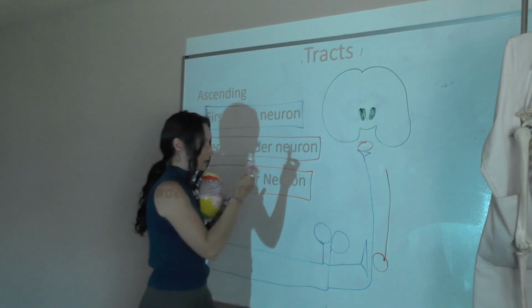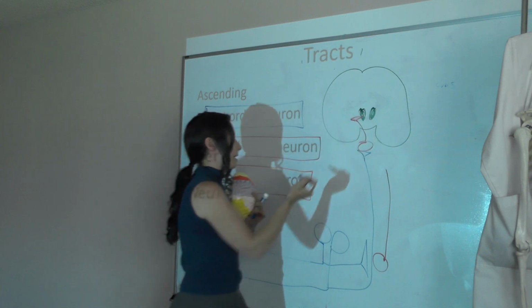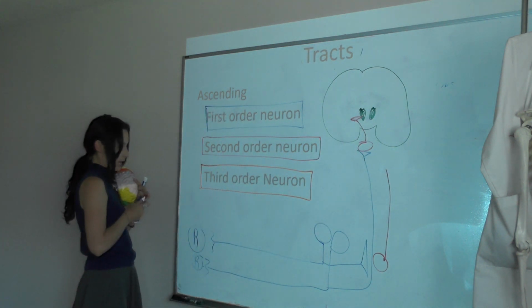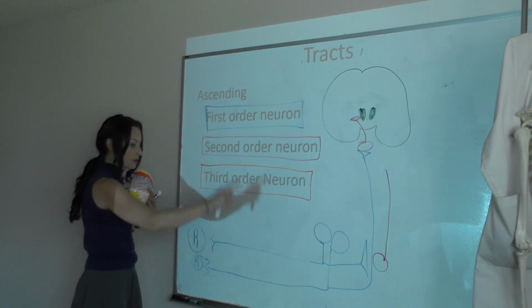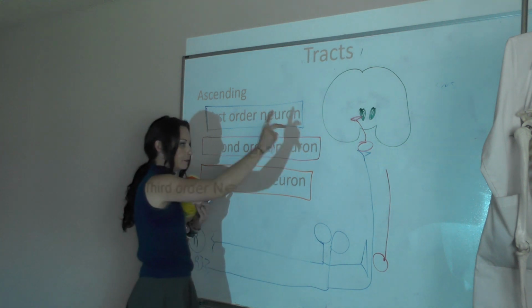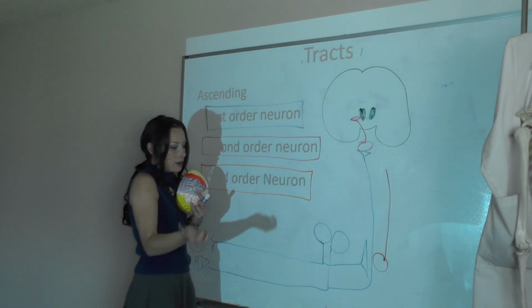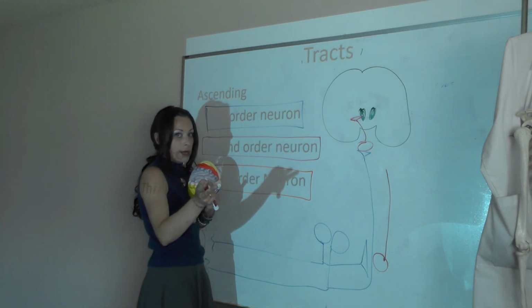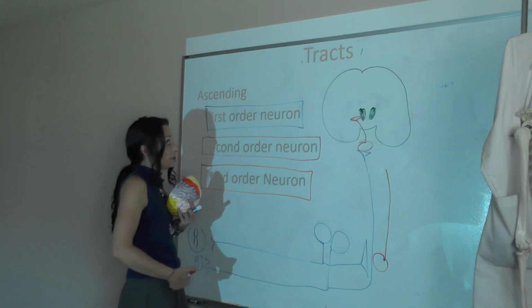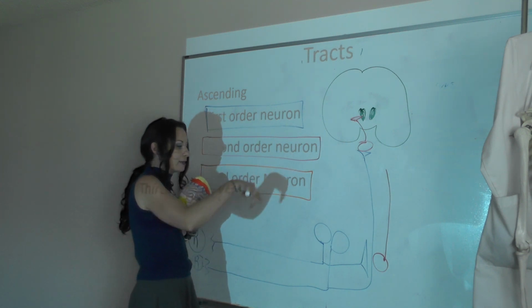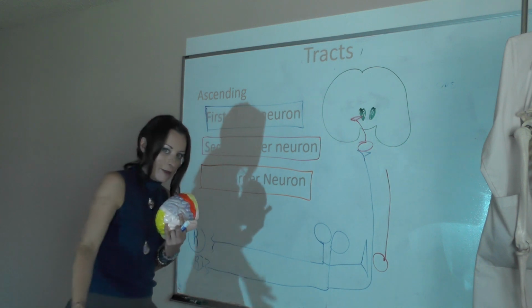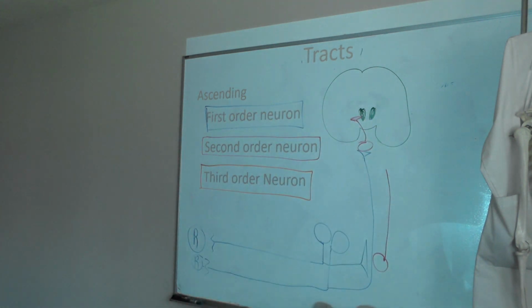So that's where we're going. Well, you don't have to worry about the nitty-gritty details of these pathways because you'll learn that stuff in a neurophysiology class if you have to. At least now you'll understand what an ascending tract is and kind of the way that our neurons work in a relay-like fashion to bring information up.